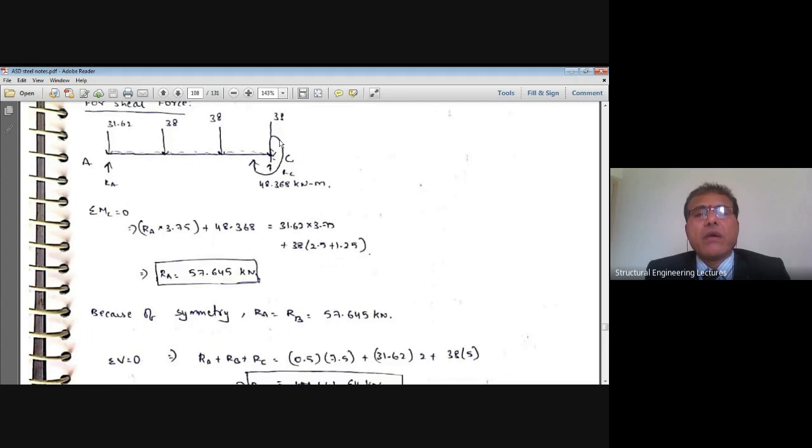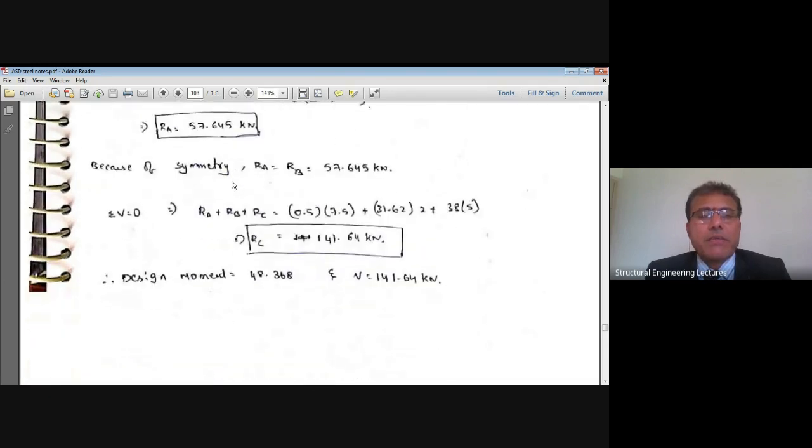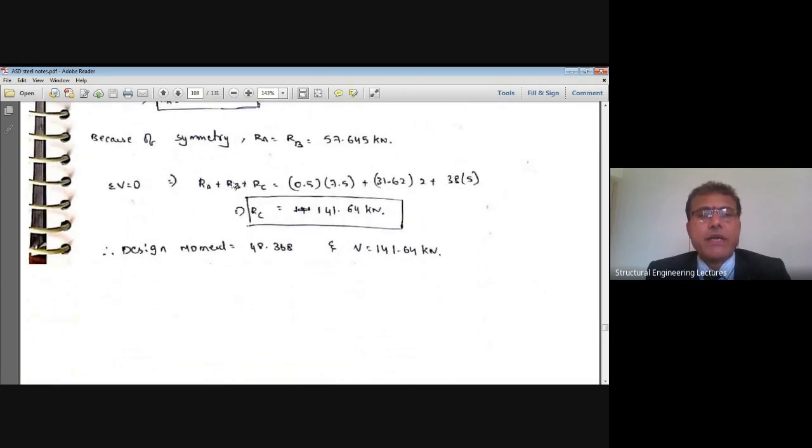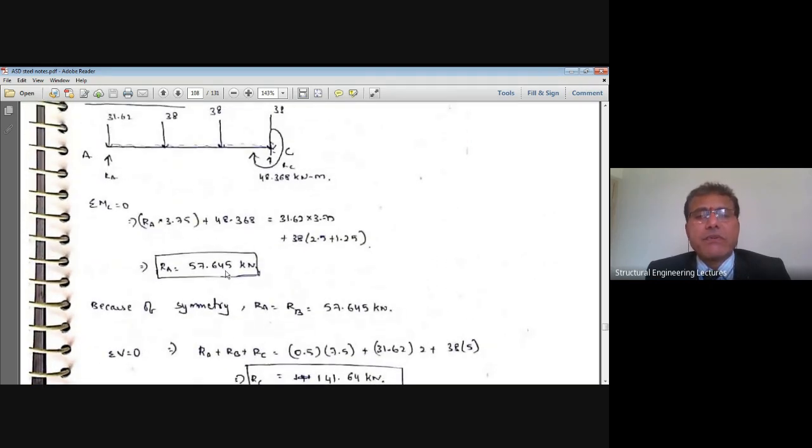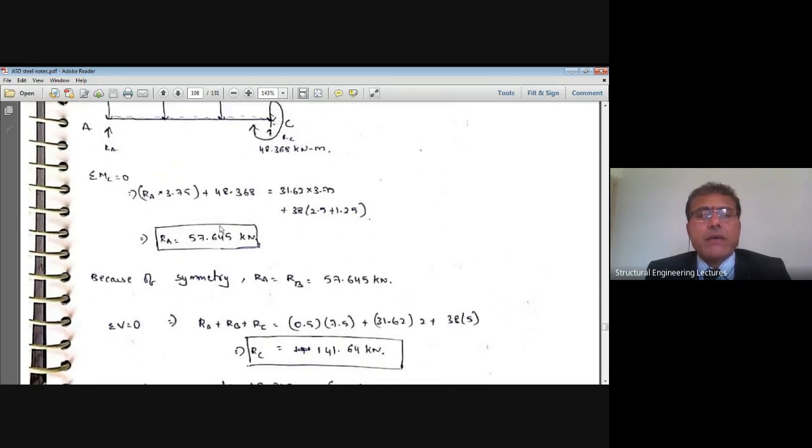This 38 will not come into the bending moment; it goes directly into the reactions, right? Hence, the sum of the clockwise couples is equal to the sum of the anti-clockwise couples, or the sum of the resisting couples is equal to the sum of the acting couples. Solving this, I get the reaction at the left support as 57.645.